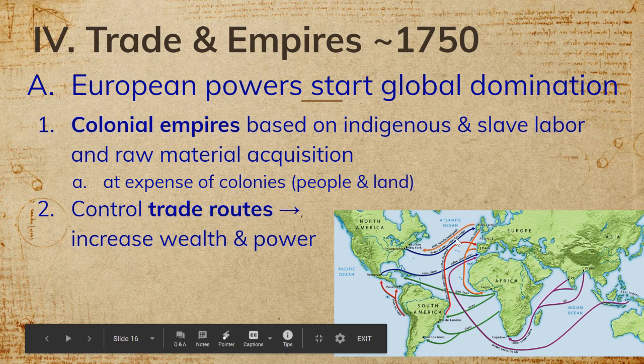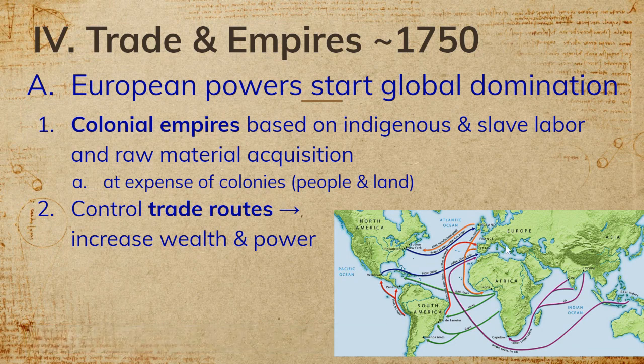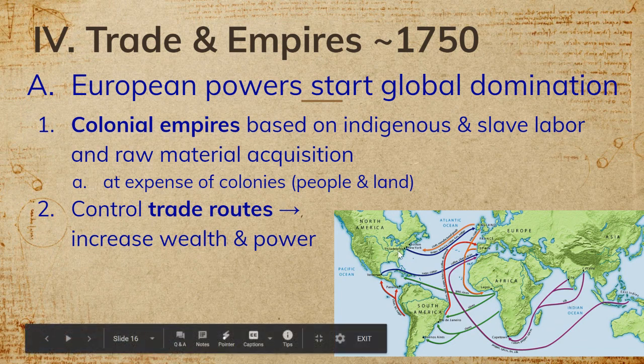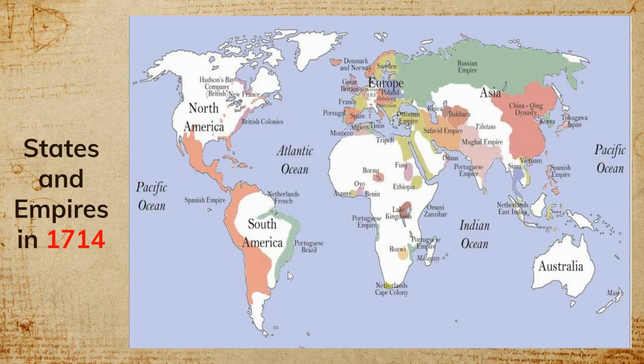They're the ones that are getting lots of wealth based off indigenous and slave labor from the Americas and later from Africa and Asia, at the expense of the colonies, at the expense of the land, at the expense of the people. As we see, they're getting all that raw material and using it to dominate and build and make a whole lot of money. And they're controlling all these trade routes, which is really leading to their wealth and their power.